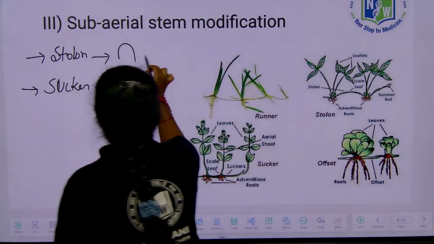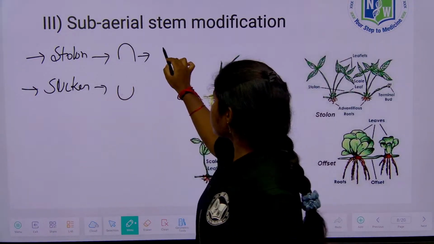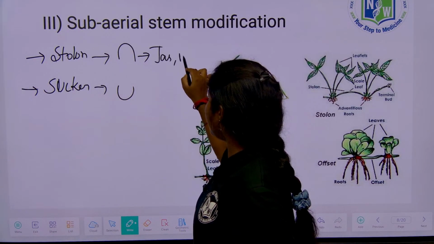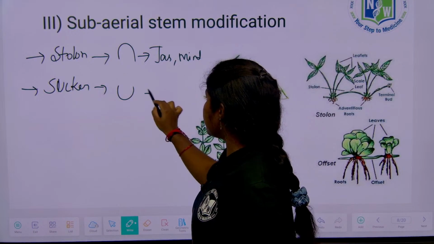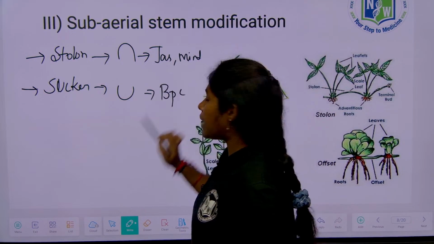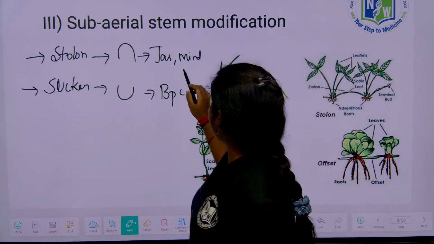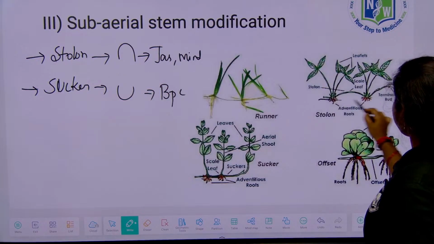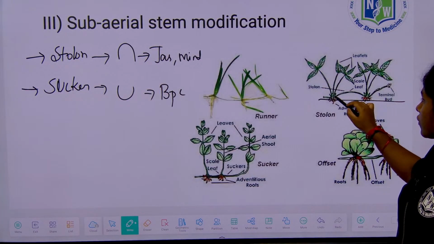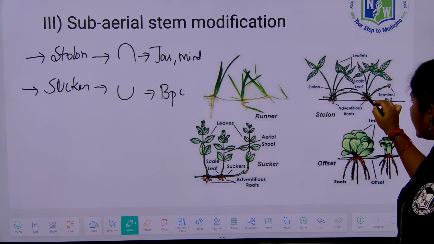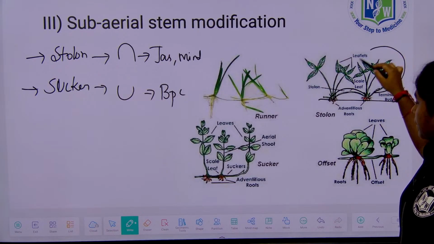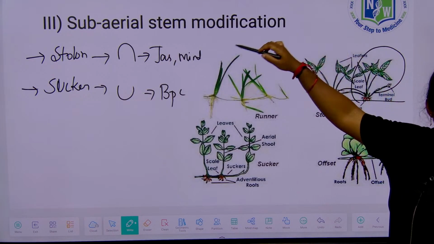The examples of stolons are jasmine and mint. Suckers are banana, pineapple and chrysanthemum. Okay, here where is the stolon? Here, see. From the base of the stem it grows laterally and again gets fixed into the soil, and a new plant comes up. Okay, for the stolon.